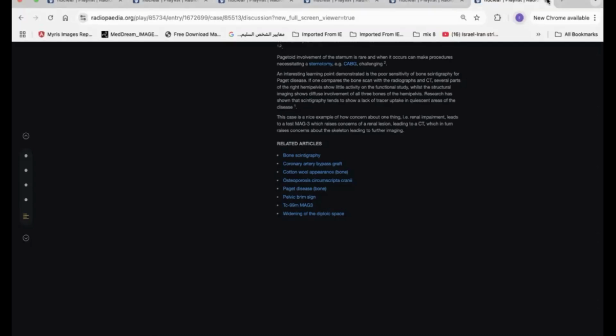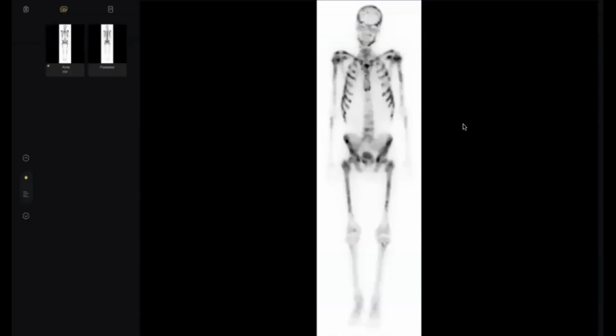So in Paget, it is a problem of turnover. In fibrous dysplasia, it is a problem of bone formation. The normal bone is replaced by immature woven bone, so in fibrous dysplasia it is ground glass. Thank you, doctor, so much.